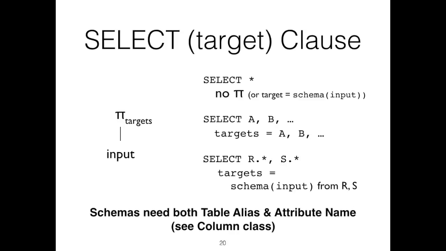One way that you can make your life a little bit easier is to look at the column class. Column has an equality test defined on it, the equals method, that will respect the table names.